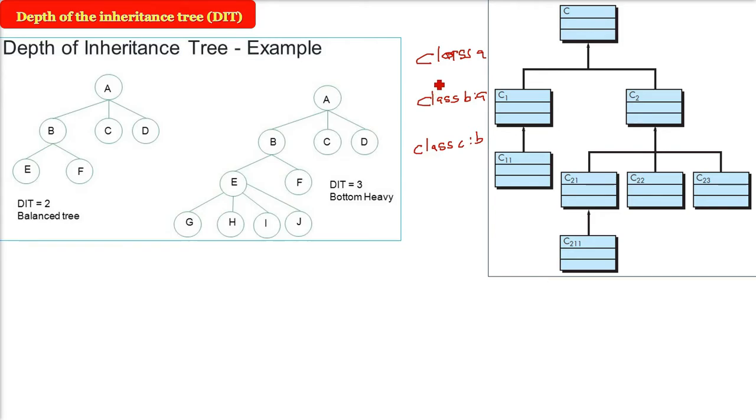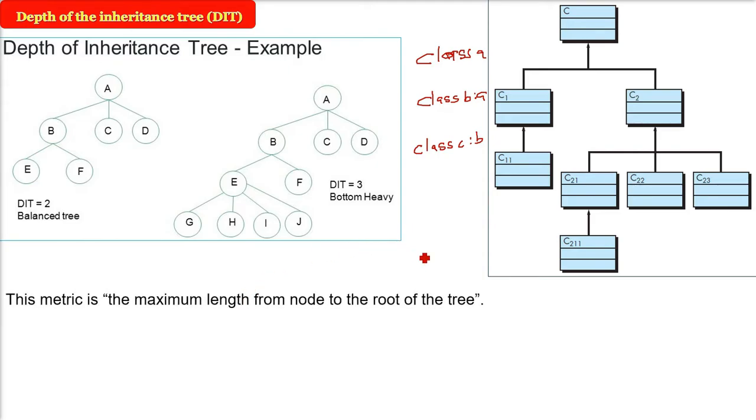So one is called parent, the other is called children, like that. But the depth of inheritance tree is how far you are going down the levels. So this metric is the maximum length from a node to the root of the tree. How many nodes you are covering?